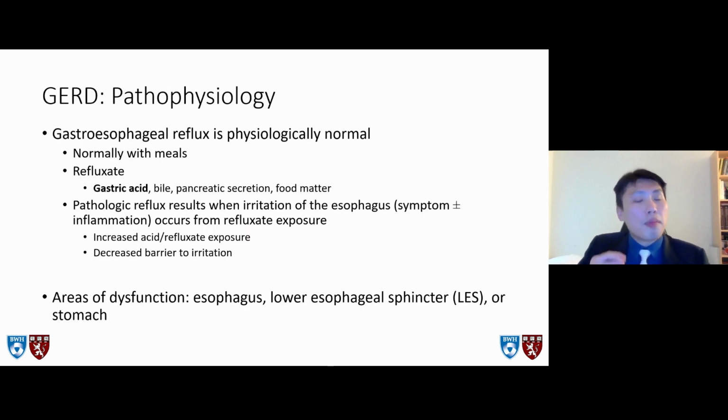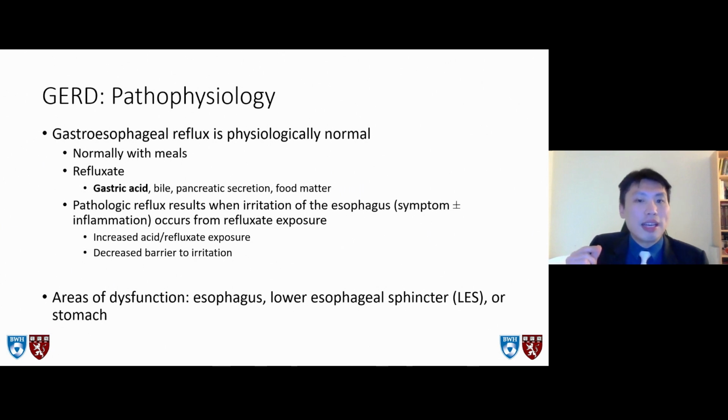In terms of pathophysiology of GERD, the important thing to remember is that reflux is actually physiologically normal. Usually when we eat, there's some level of reflux that might happen, and most commonly we think about gastric acid, but bile, pancreatic secretions, or food matter can also come back up sometimes, especially around mealtime.